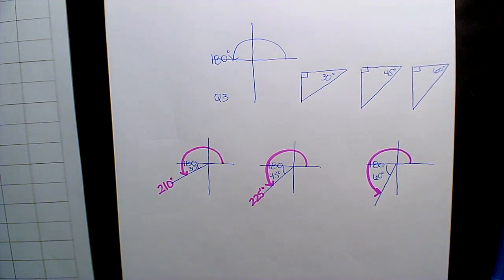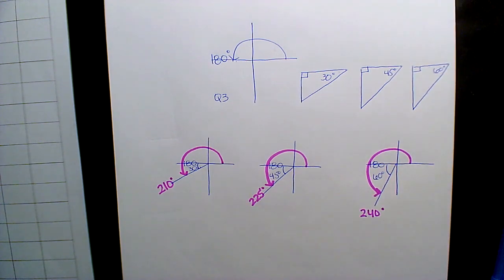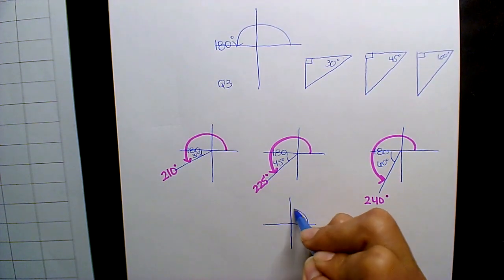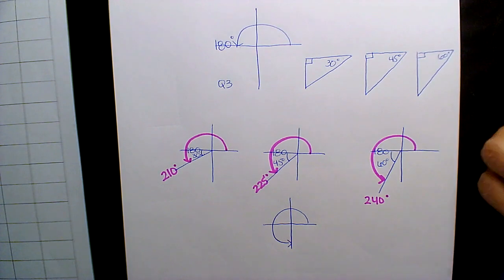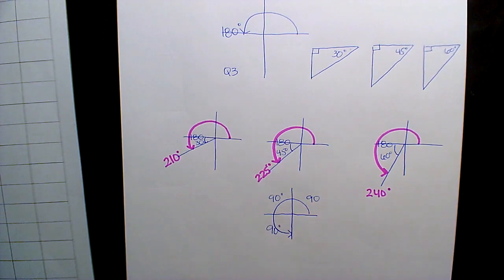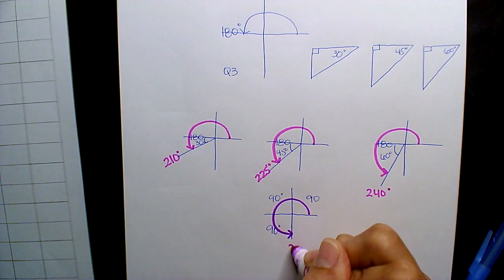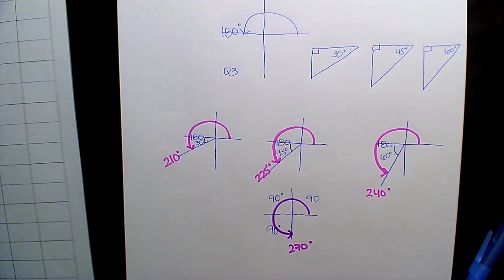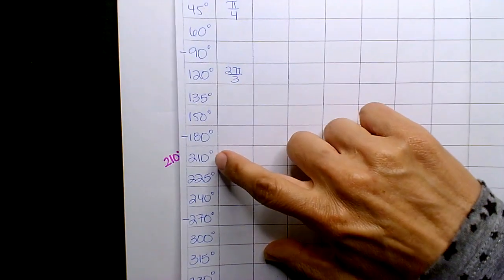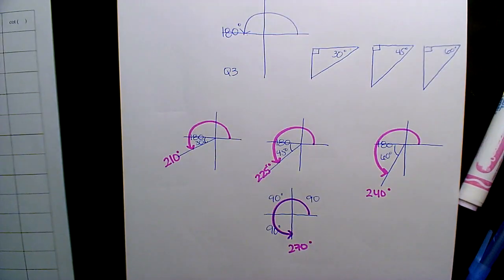What is this one? 240. And then your last quadrantal angle is what's all the way around. What's 90 plus 90 plus 90? You get your 270, and that closes out quadrant 3: 210, 225, 240, 270. And that's your third quadrant.